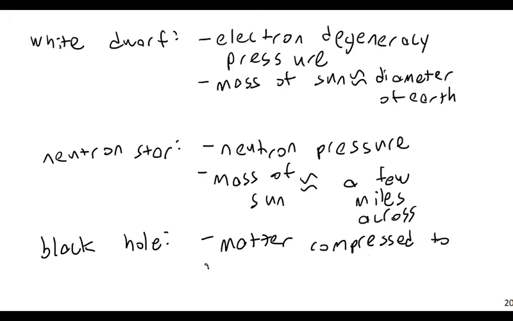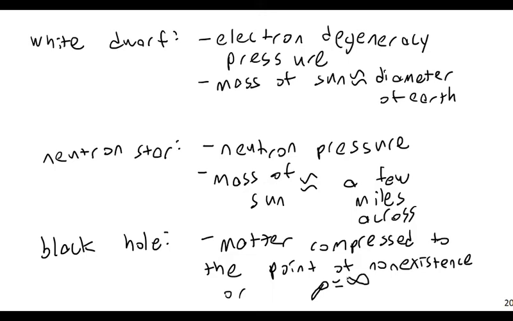We can define the radius of a black hole in terms of the radius from which nothing can escape, but I just think of it as matter compressed to the point of non-existence, or infinite density. This is where matter gives up. Let me just say, rho equals infinity. Density is infinity. But anyway, why did I want to talk about this?